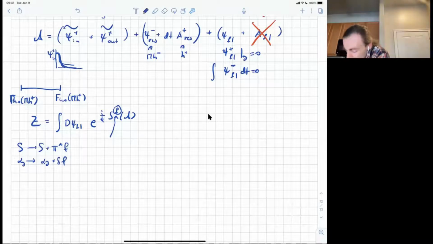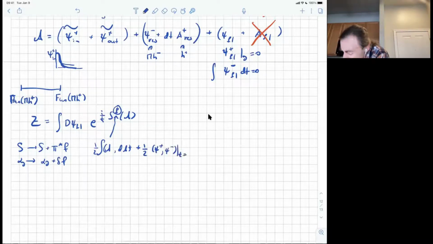And the action will be our original action, one half ADA, plus some boundary terms: psi plus paired with psi minus at the out boundary, minus psi plus paired with psi minus at the in boundary. And when you do that, then you have this compatibility condition.